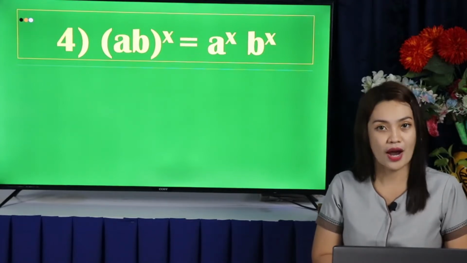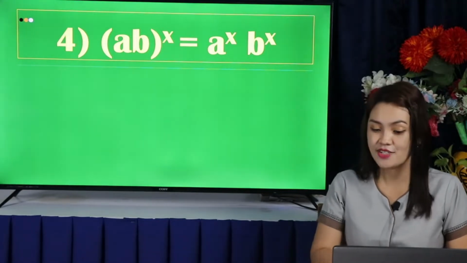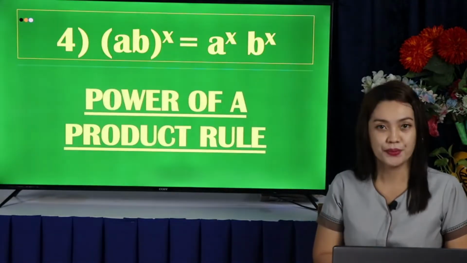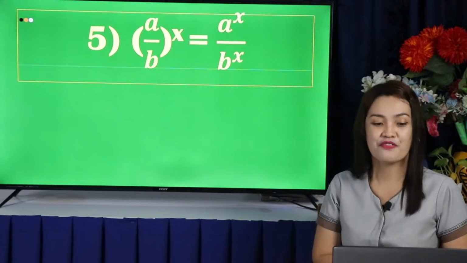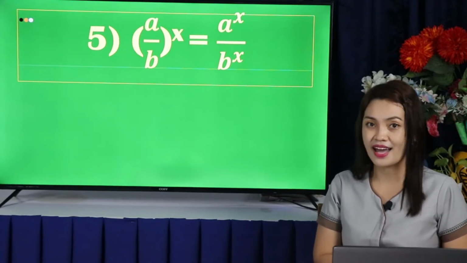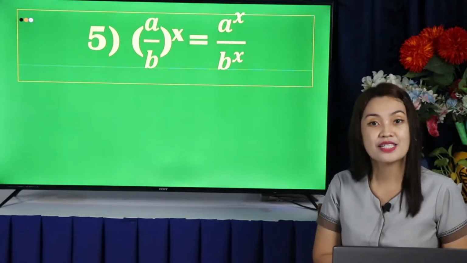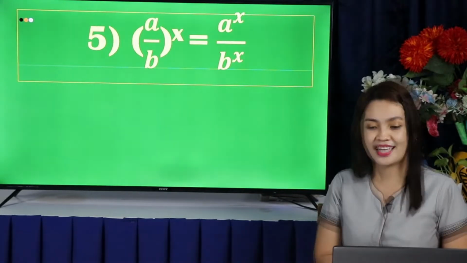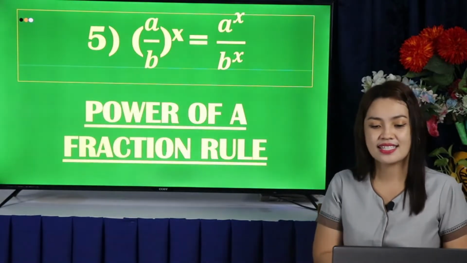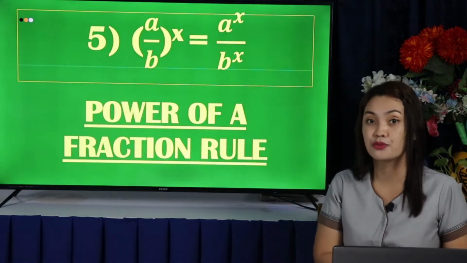It illustrates the power of a product rule. How about number 5? The quantity a over b raised to the power of x equals a raised to the power of x over b raised to the power of x. It represents what rule? Yes, that represents a power of a fraction rule.